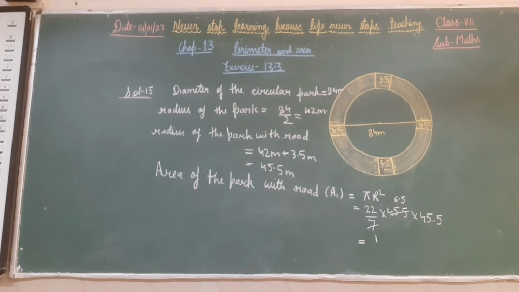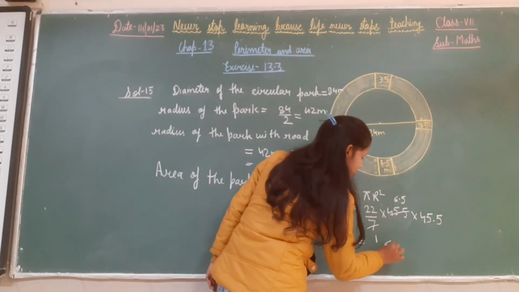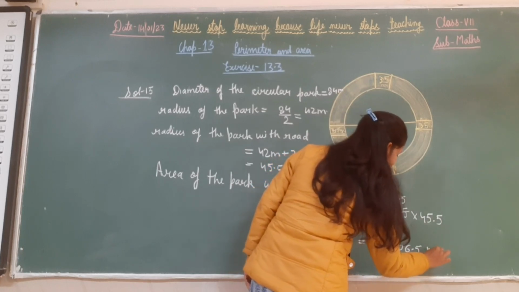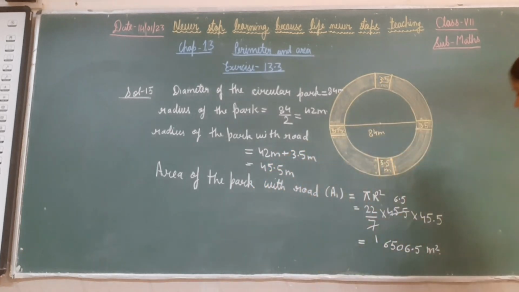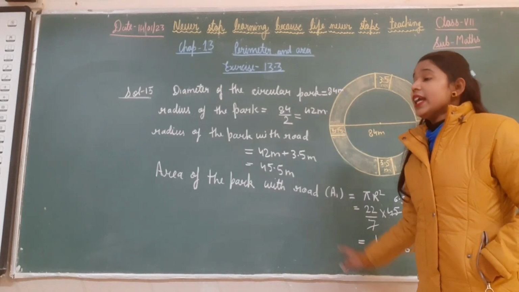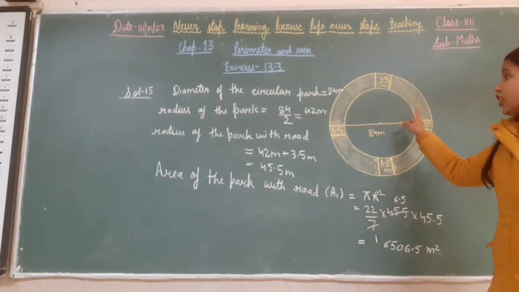The answer will be 6,506.5 meter square. Okay, so 6,506.5 meter square will come here. This is the area of the park with road.